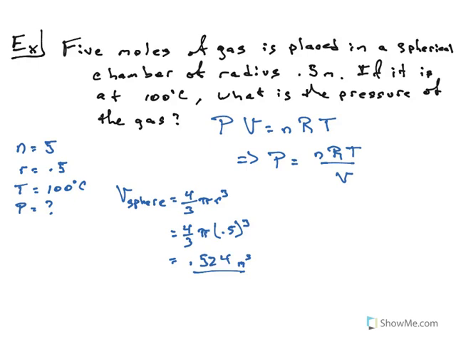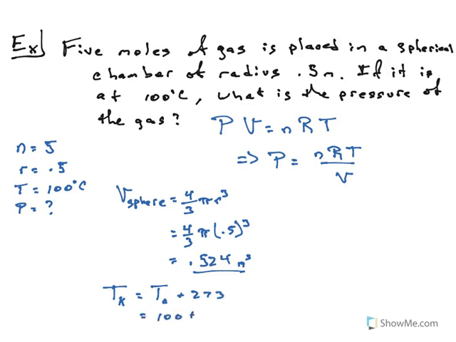The other thing I need, however, is the temperature. Remember, in physics, when we use an equation that has temperature in it, if it's purely the temperature and not the change in temperature, I need Kelvin. But I've been given degrees Celsius, so I have to convert. I need the temperature in Kelvin as the temperature in Celsius plus 273.